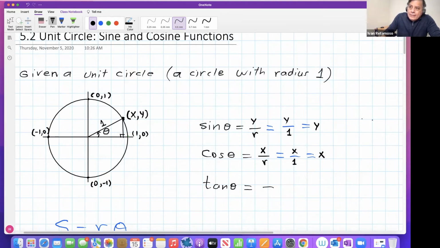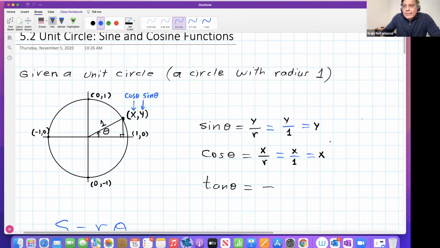So here you can see quickly that sine is equal to y and cosine is equal to x. So the first coordinate will give me, sort of for free, cosine of theta, and the second coordinate will give me for free sine of theta.